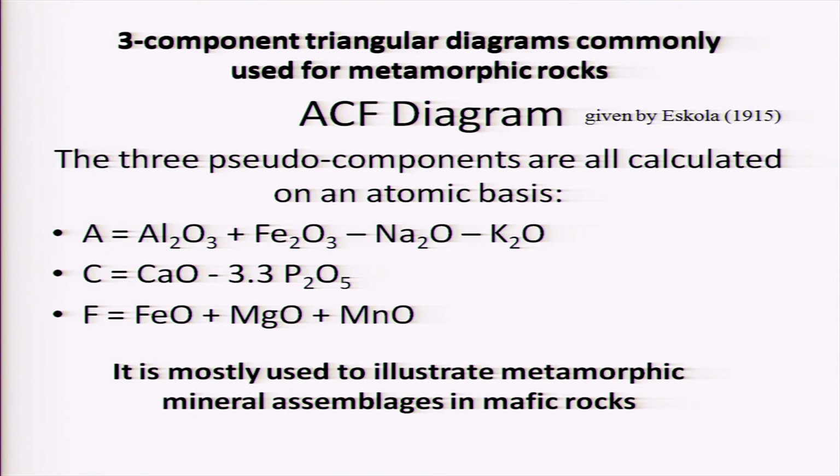So, we have to reduce CaO minus 3.3 P2O5 to make the C component, and for F we combine FeO and MgO, and if MnO is also present in significant amount, since it has similar properties in terms of exchange capability, that is also combined. So, now we have three pseudo components A, C and F.